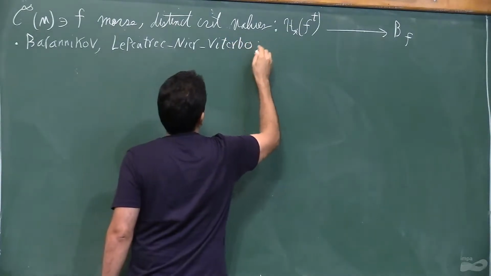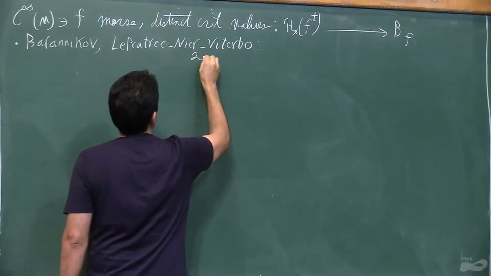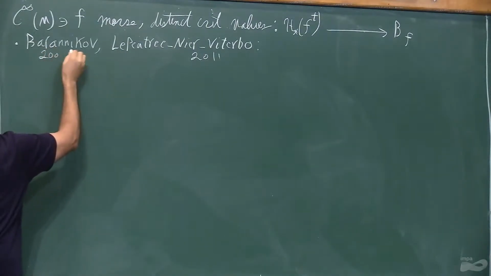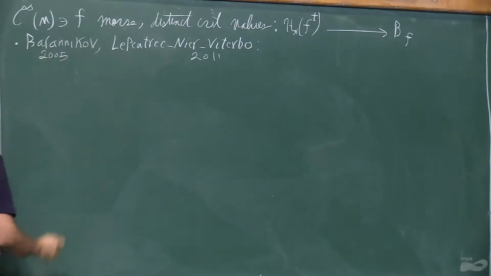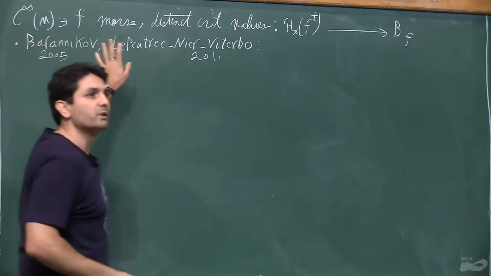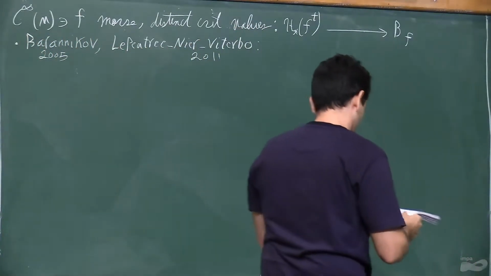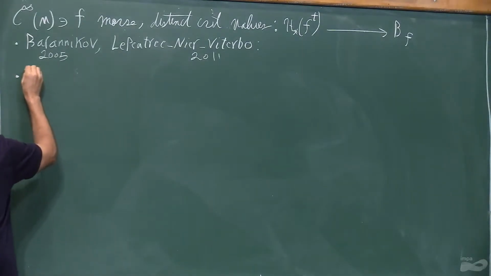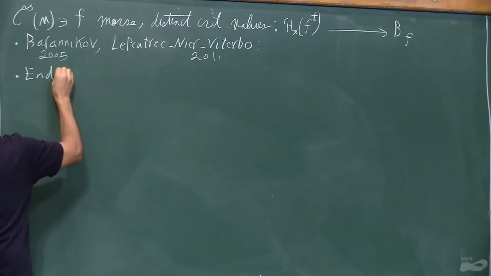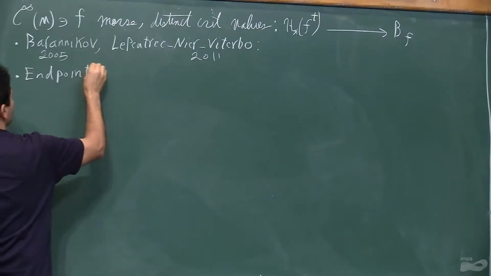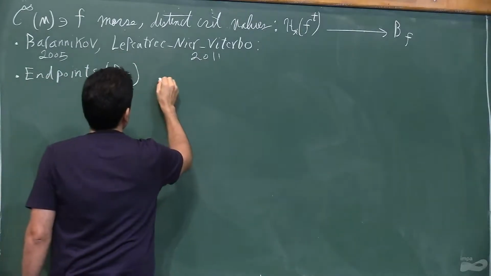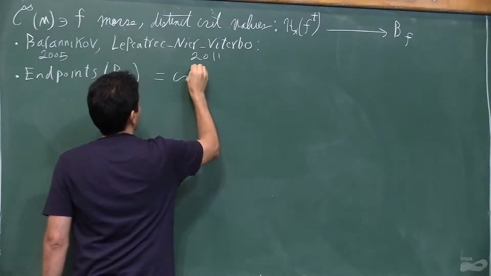So I think this is from 2011, and this is maybe 2002 or something, 2005, I can't remember. But this is before barcodes even existed, but this was there. So it's kind of there in his paper, but it doesn't use the language of barcodes. And one feature of the barcode, so I want you to keep this in mind, is that the endpoints of this barcode will be exactly the critical values of my Morse function.